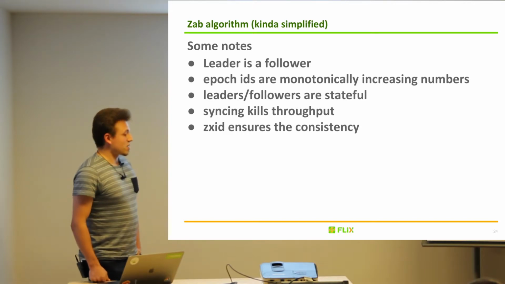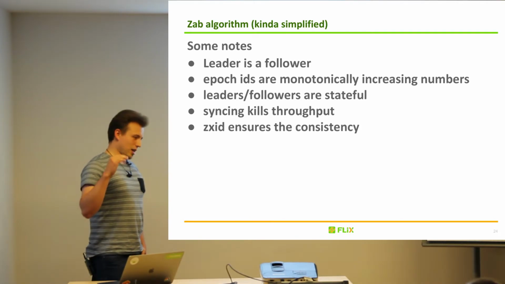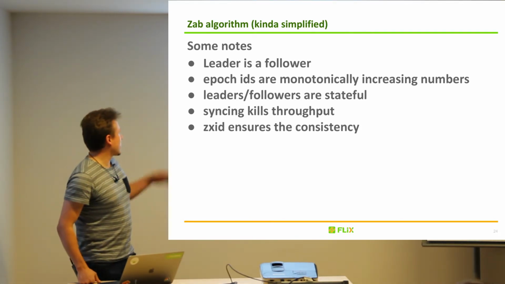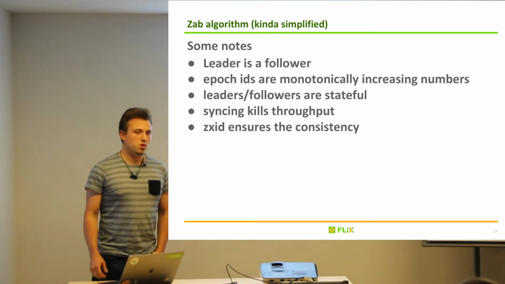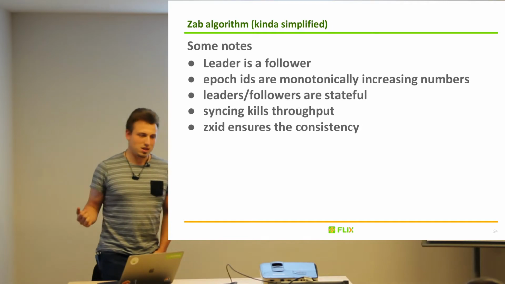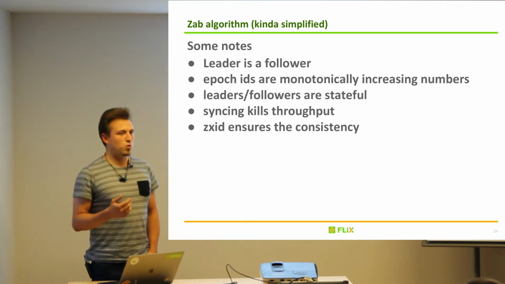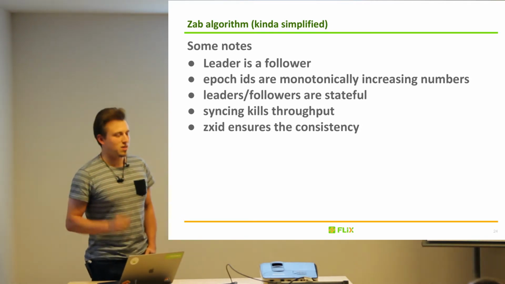Leaders and followers better be stateful. They have to be up to date with the leader, or else syncing kills throughput. When some node is dead, or some node needs to be synced up, even in Jepsen, there were some graphs that show that throughput drops to 0 for quite a decent amount of time.